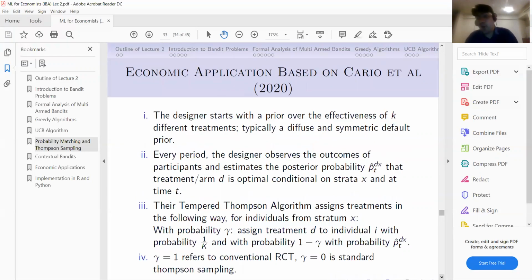Now, obviously, there's a trade-off, because if they use Thompson sampling too much, then Thompson sampling may allocate people very strongly towards those treatments which work very well. That may be the optimal treatment, but Thompson sampling is good at discovering the optimal treatment, while for all the other suboptimal treatments, you get a pretty bad, statistically very noisy estimate of the treatment effect.